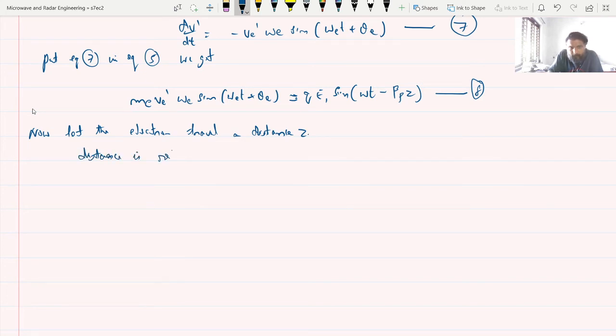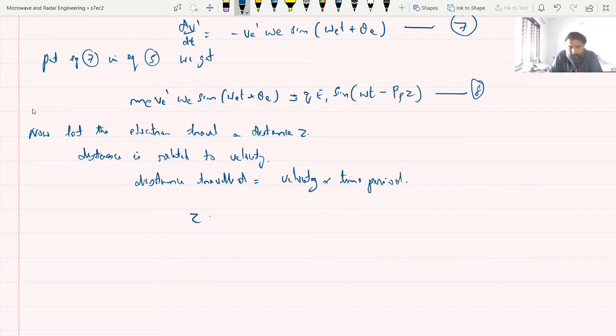Distance travel is equal to velocity into time period. So distance travel is v dash into time period, I will call it as t minus t naught.